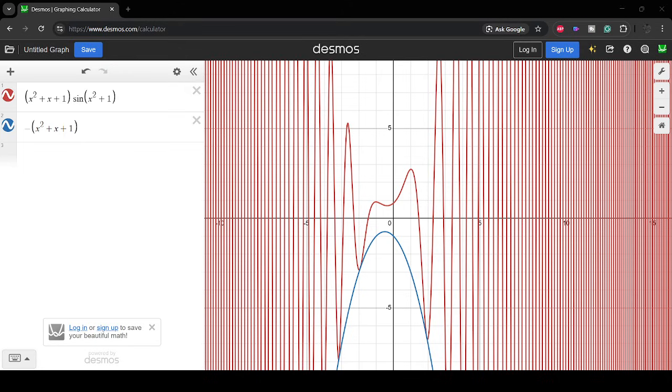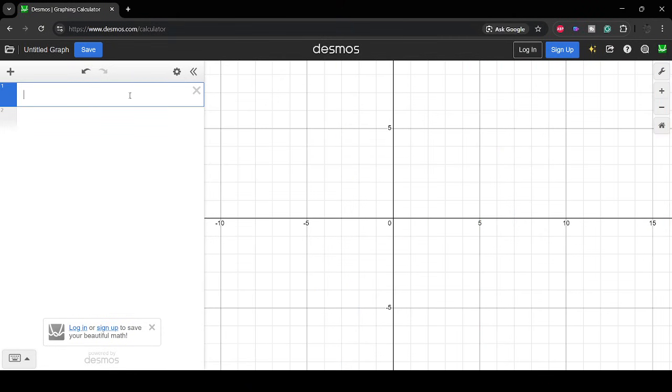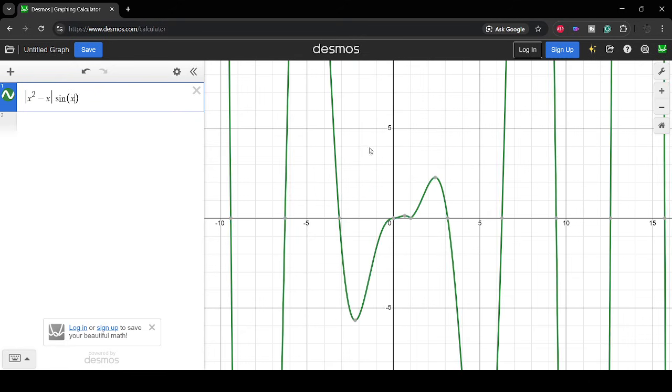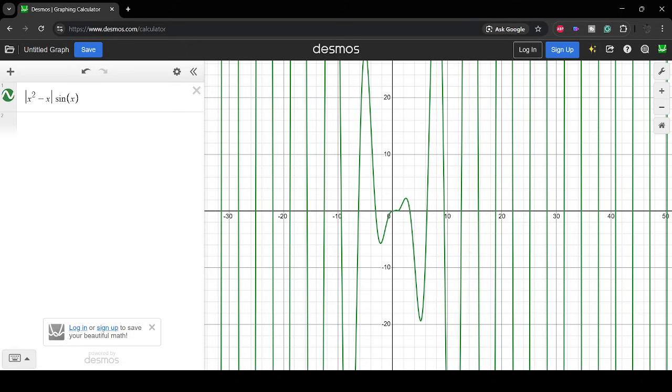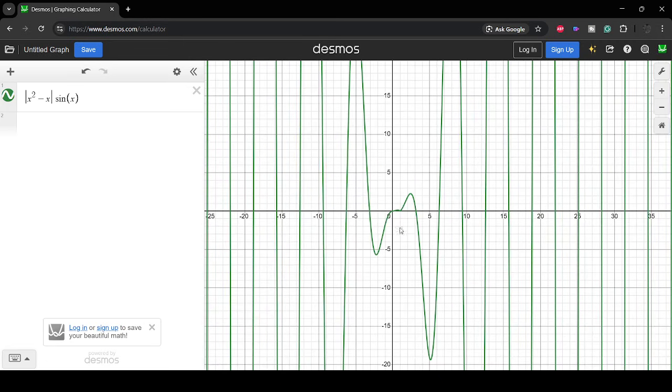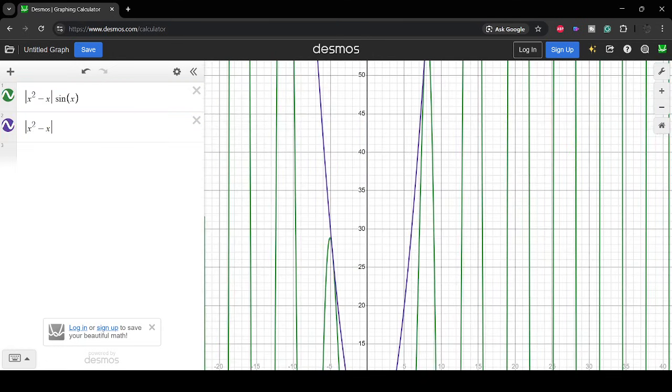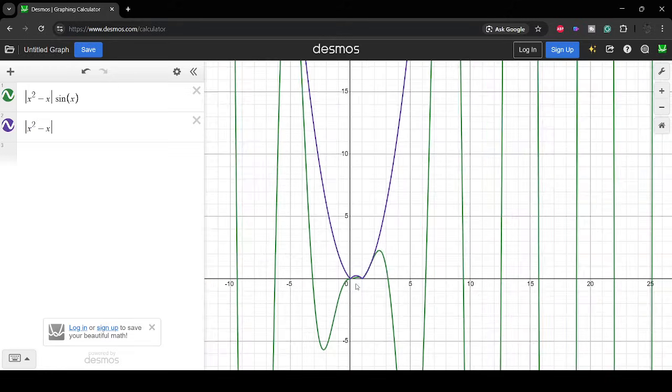Second graph is modulus of x squared minus x times sine x. Okay, this is slightly different. What did I draw? Okay, I drew something very odd. I think this part might be wrong, but if my hypothesis is right, yes, the amplitude is bounded by this graph.